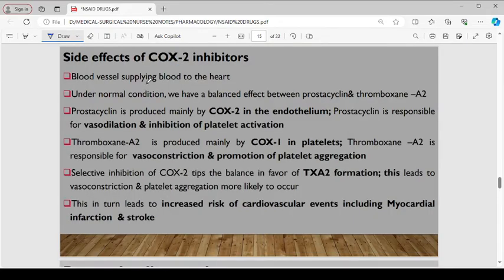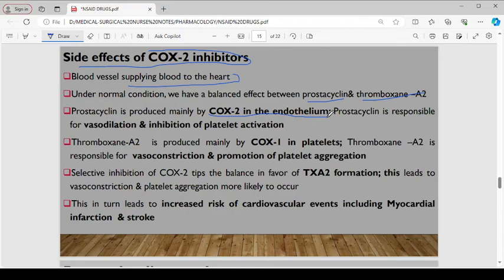Okay, so we have the general side effects of COX-2 inhibitors, and to understand this, you need to picture a blood vessel supplying a heart, for example. Under normal conditions, we have a balanced effect between prostacyclin and thromboxane A2. If you reflect on our introductory page, prostacyclin is normally produced by COX-2 in the endothelium of the blood vessel.